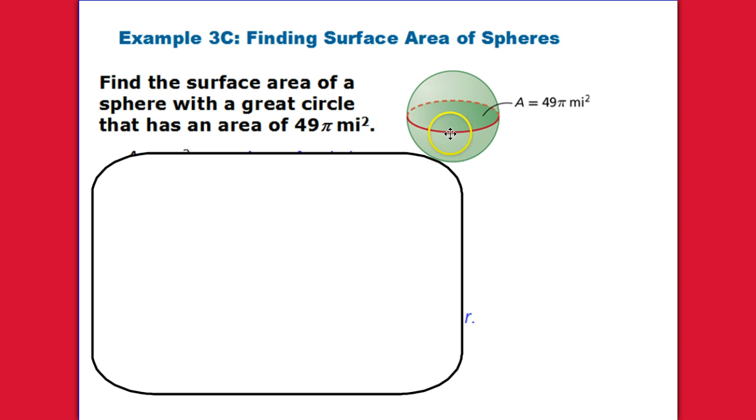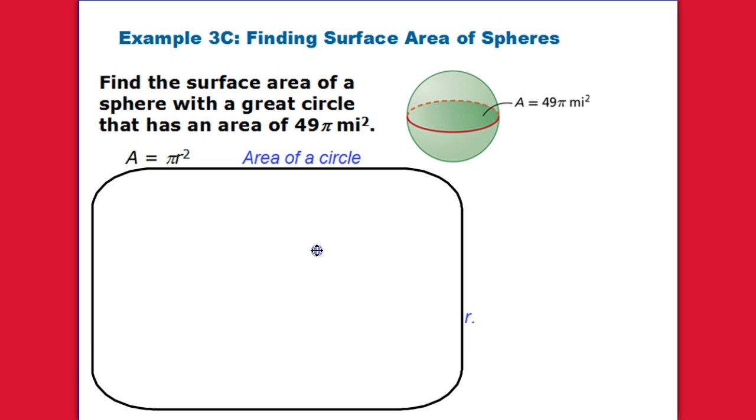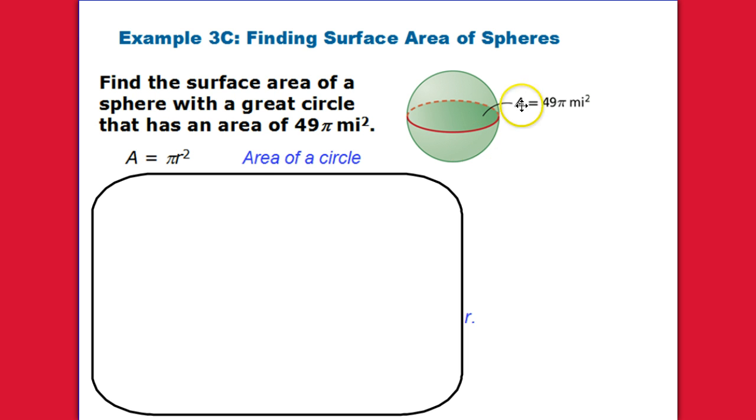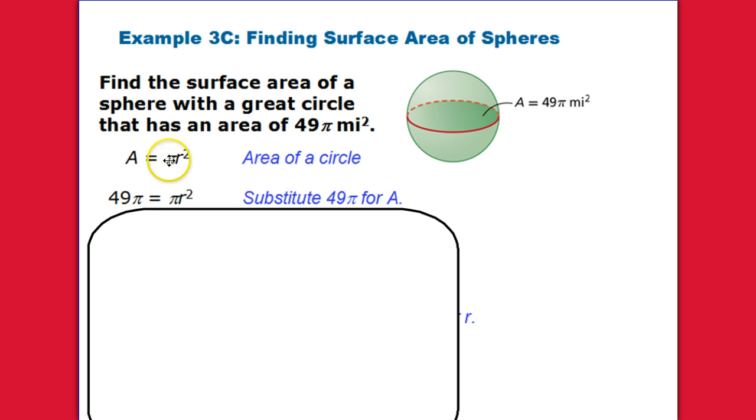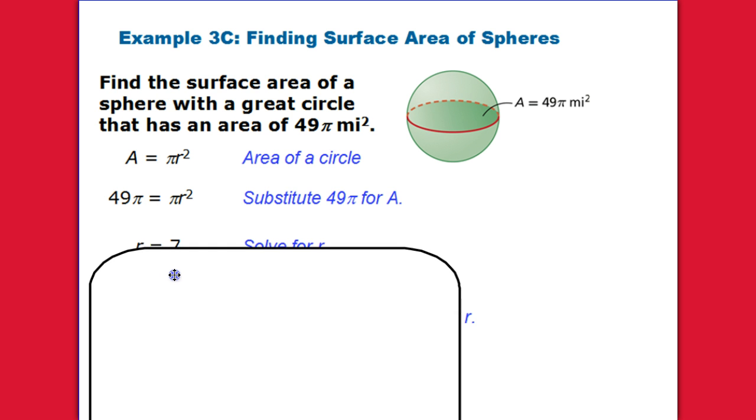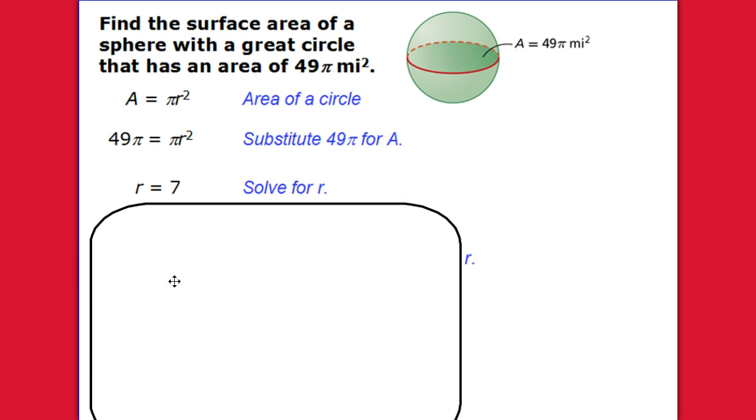The radius of the sphere would be the radius of the great circle, wouldn't it? So we are going to say area of a circle equals pi r squared, and we'll plug in our known area, 49 pi. We'll divide pi's away, and r squared is 49, so what is r? 7. Good.